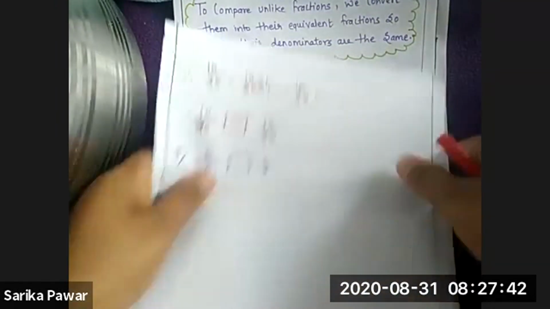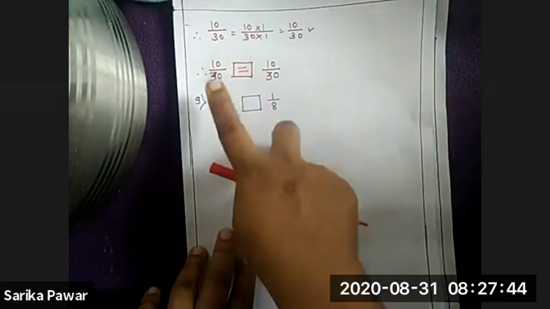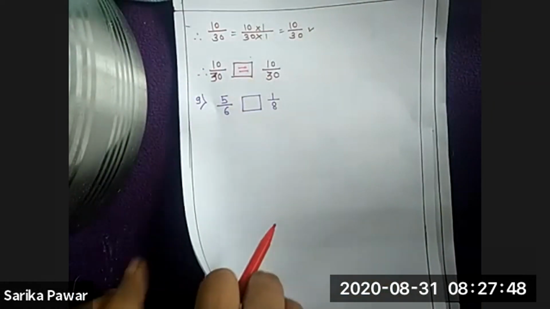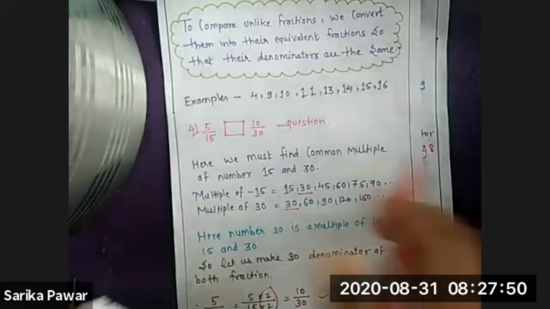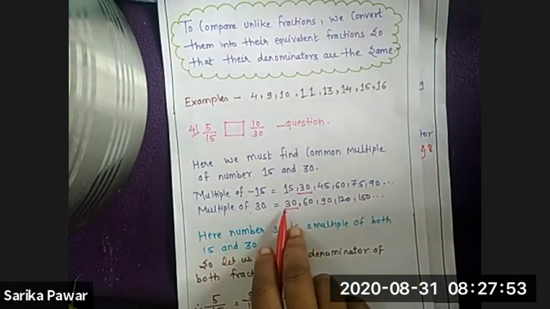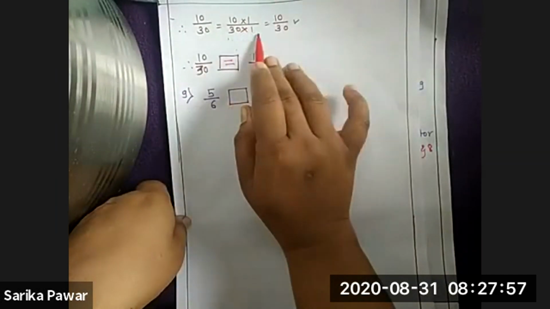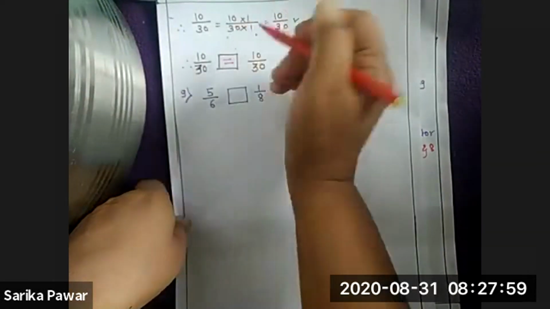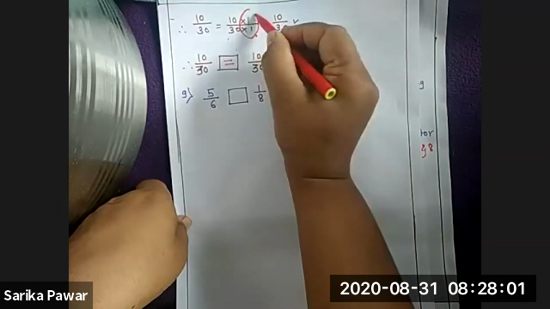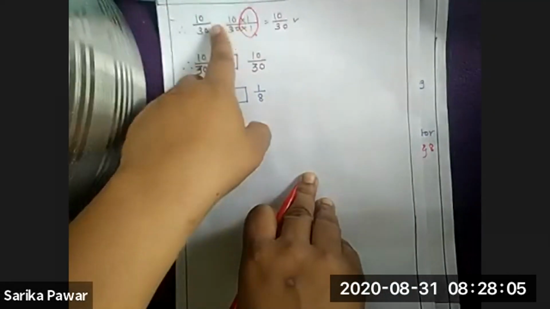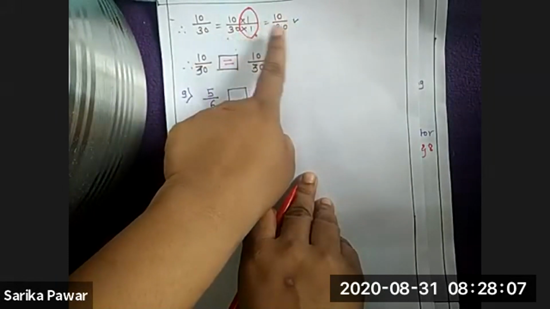Here I wrote the 30 table, 30 ones are 30. So here I multiply by 1, so in the numerator also I will multiply by 1. 10 ones are 10, 30 ones are 30.